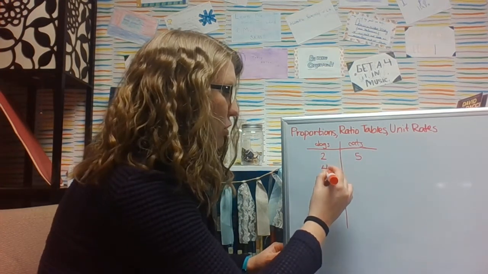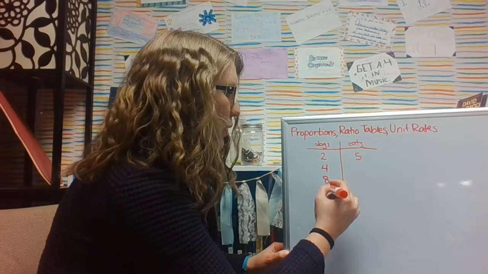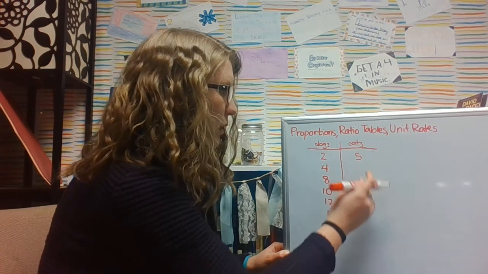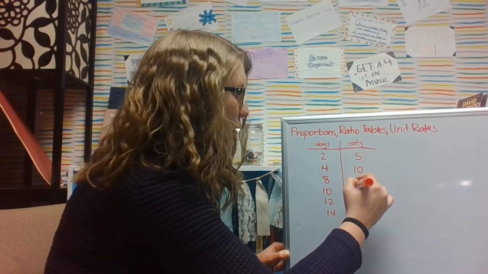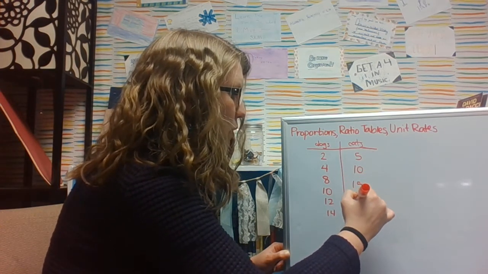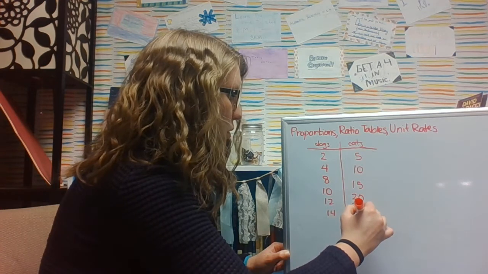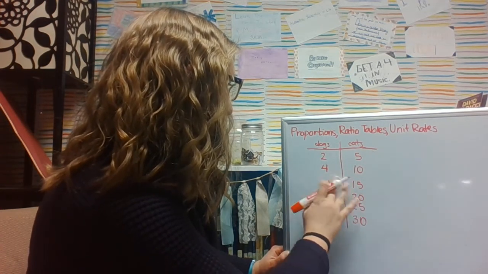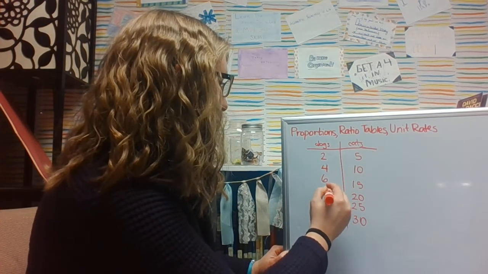So I'm counting by 2's over here, 2, 4, 8, 10, 12, 14, and then over here I have 5, 10, 15, 20, 25. I made a mistake. I forgot my 6.